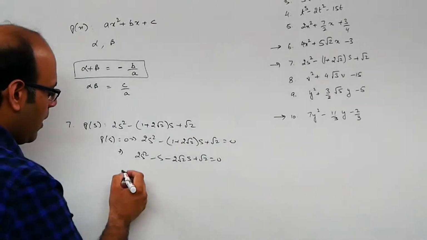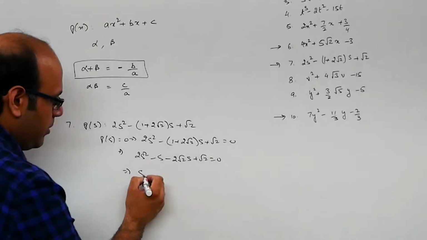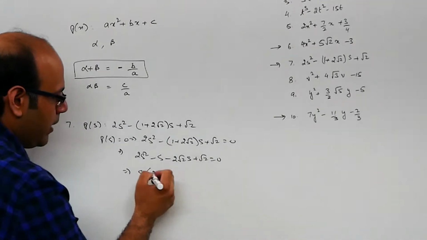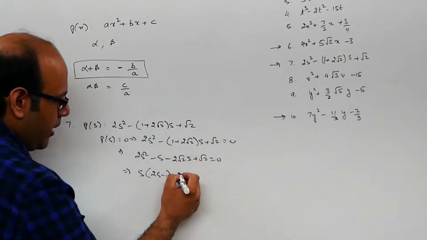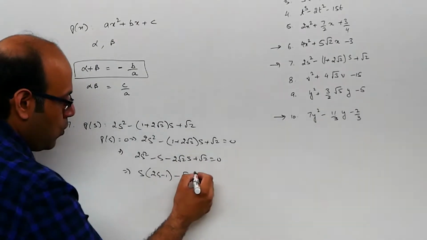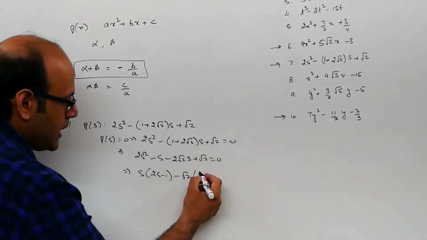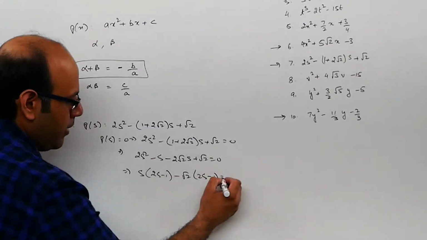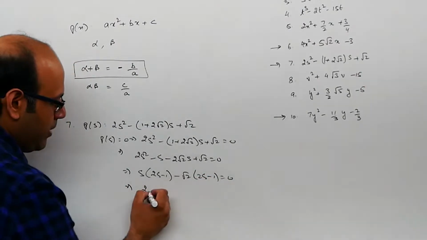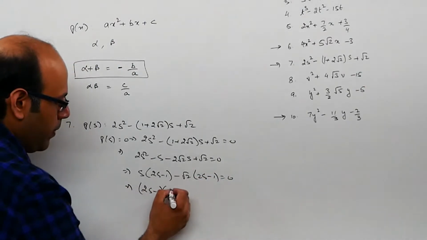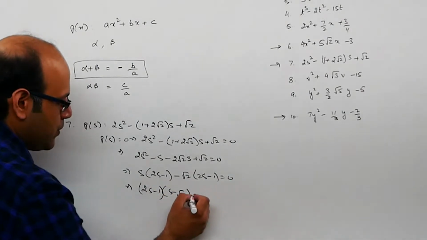Right? I can take s common from here. This is 2s minus 1, and I can take negative root 2 common from the last two terms. I'll get 2s minus 1 equals 0, which implies 2s minus 1 into s minus root 2 equals 0.